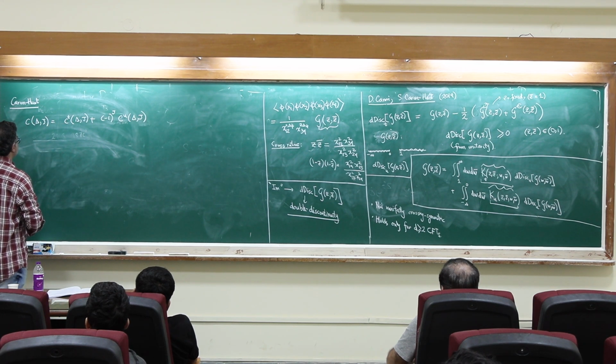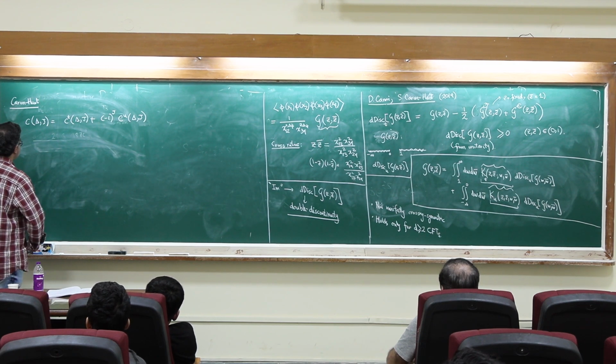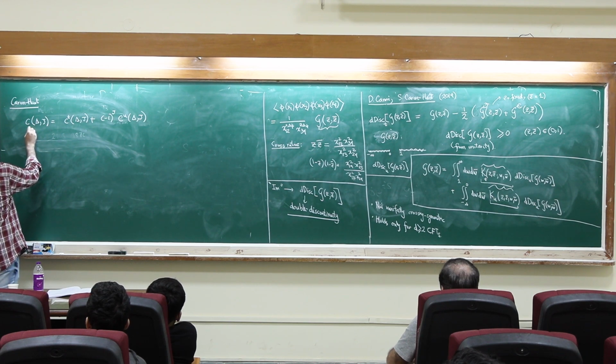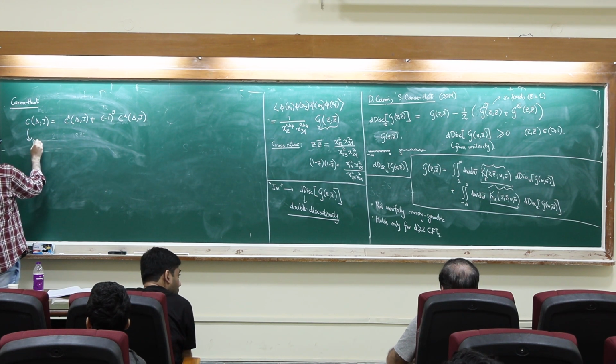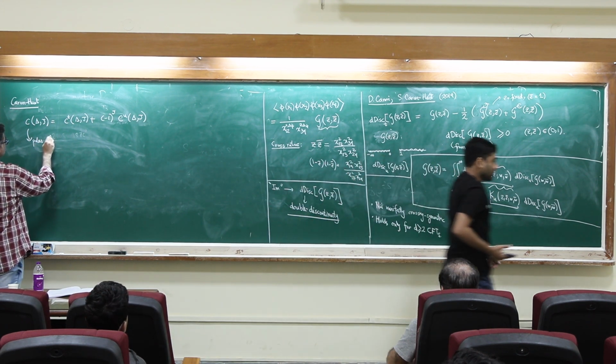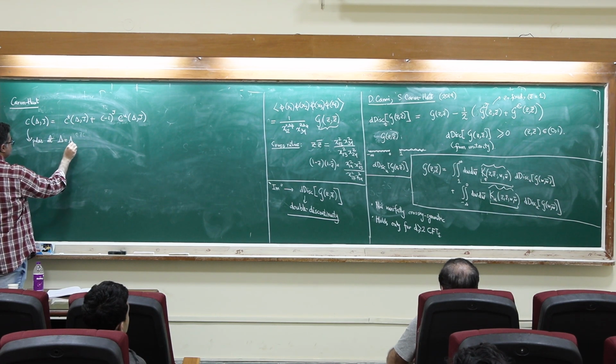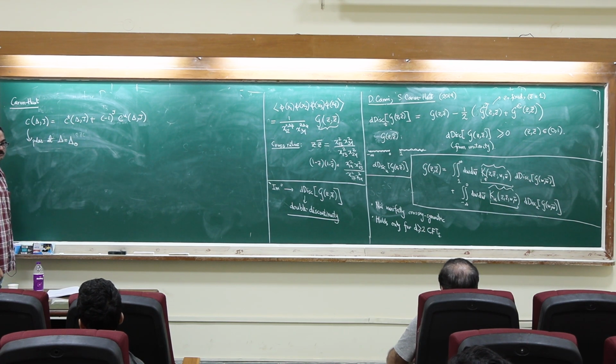Here this C delta j is an object which is called the OPE function, and this object actually has poles at the location of the physical operators in the spectrum of your theory.